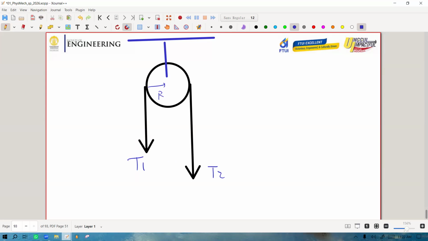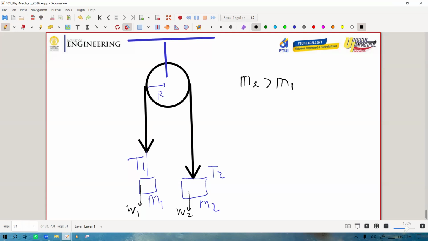For example, here there is mass 1 and here is mass 2. Imagine that M2 is more than M1, meaning the weight W2 is more than W1.